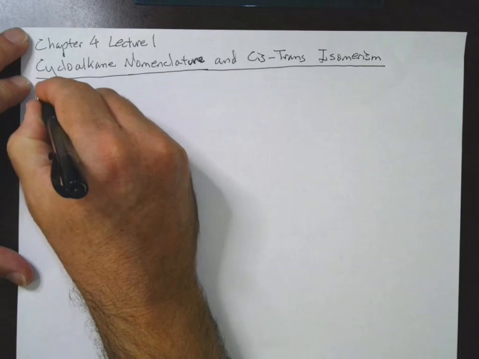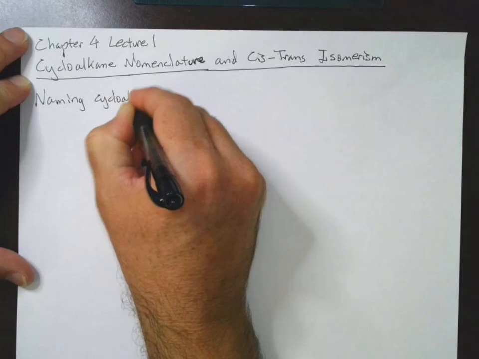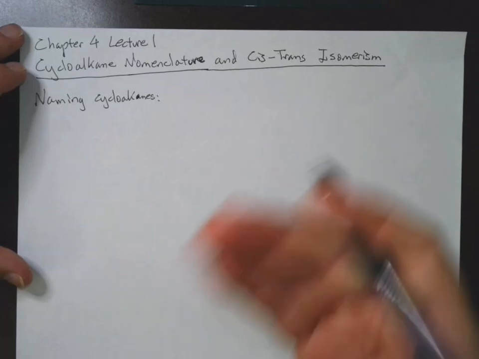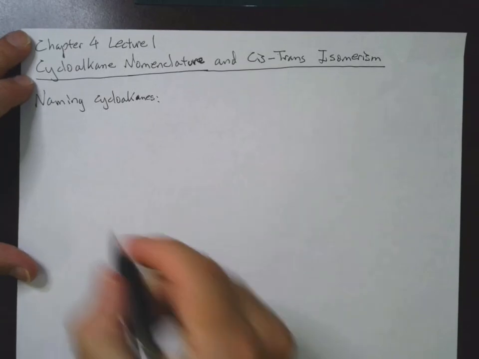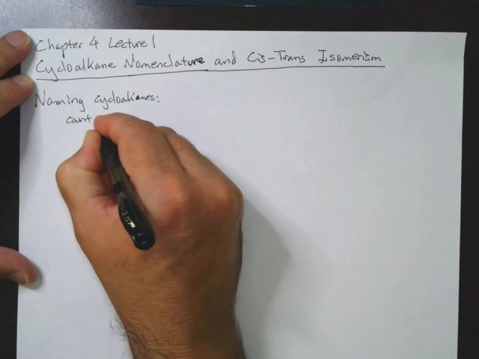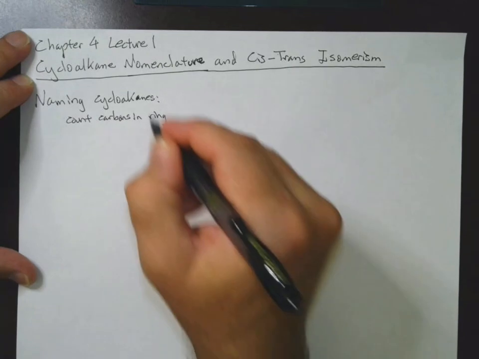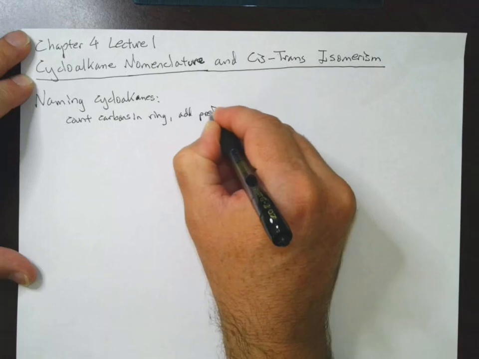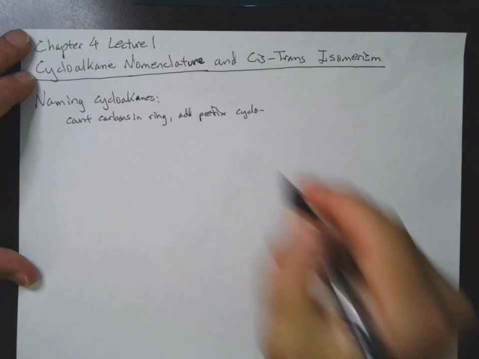As far as naming cycloalkanes is concerned, we're going to name them after the name of the ring, and then we'll simply add the prefix cyclo.